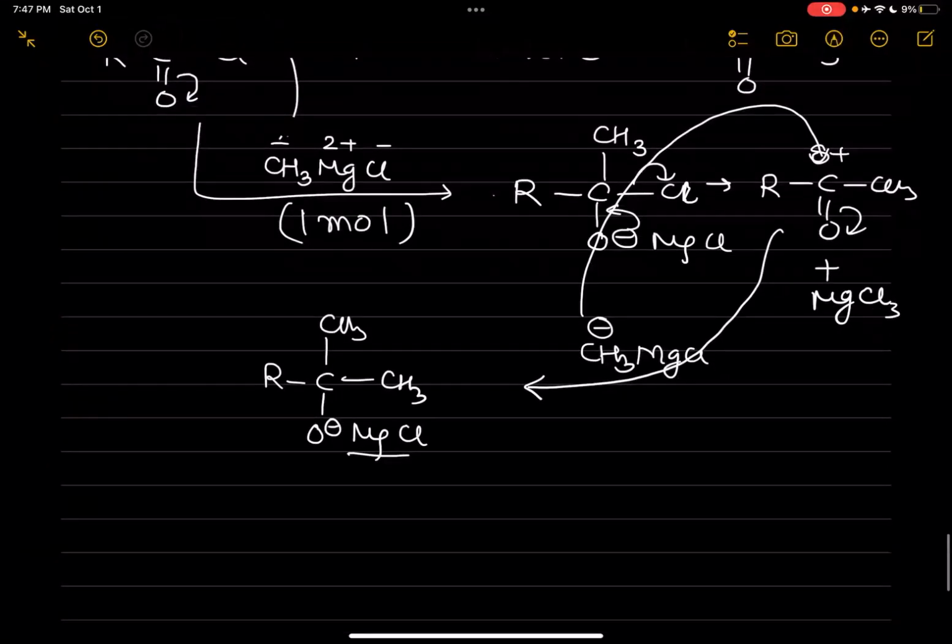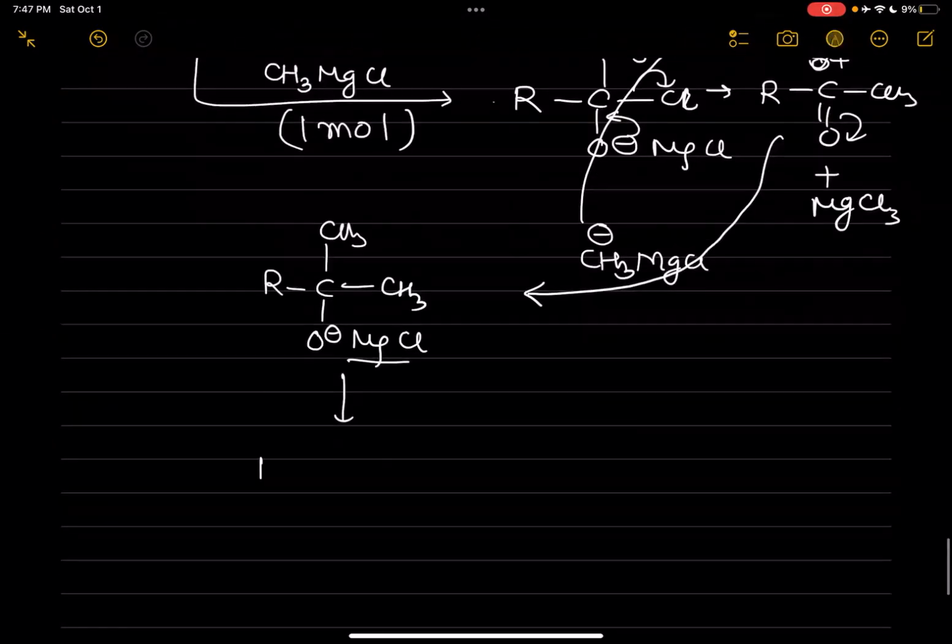And if you do the hydrolysis, this time you are not going to get back your double bond, because there is no Cl. One Cl was there, and that already left when we did the first addition. Now you are going to end up with R, C, OH, CH3 and CH3 when you do the hydrolysis, a tertiary alcohol.